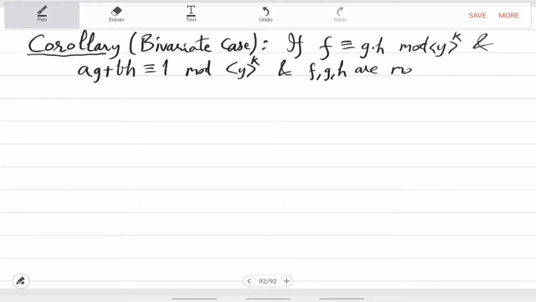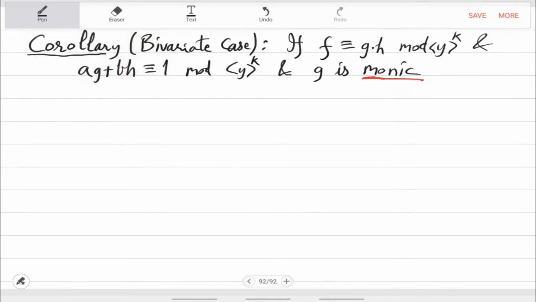Actually I don't need everything monic, just g is given to be monic. So that is the key new thing we want to study, what happens to a monic factor, right?